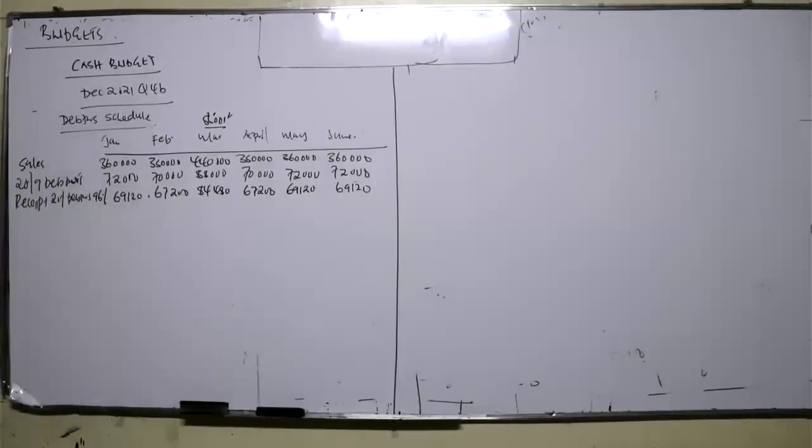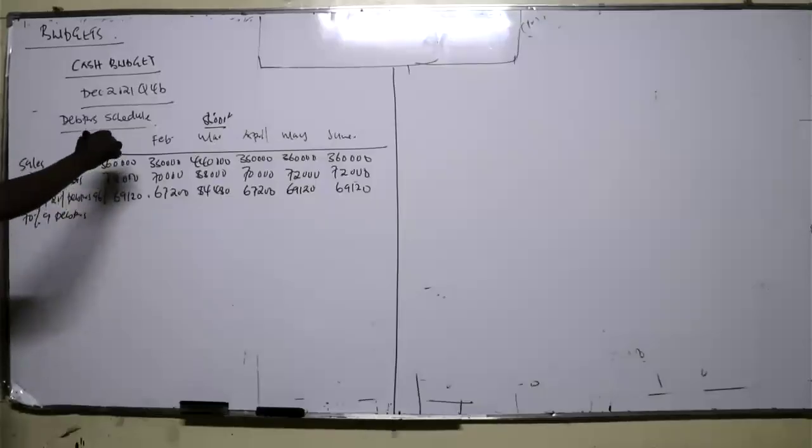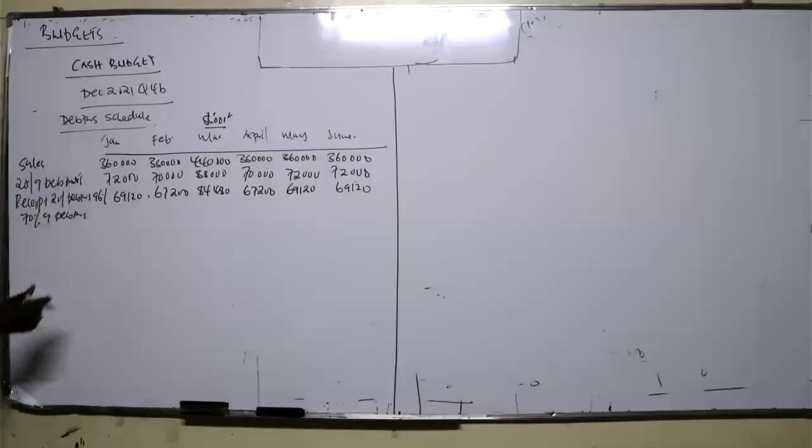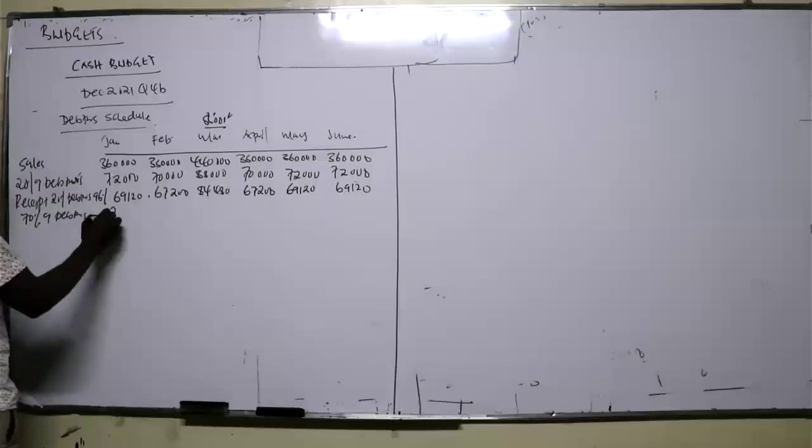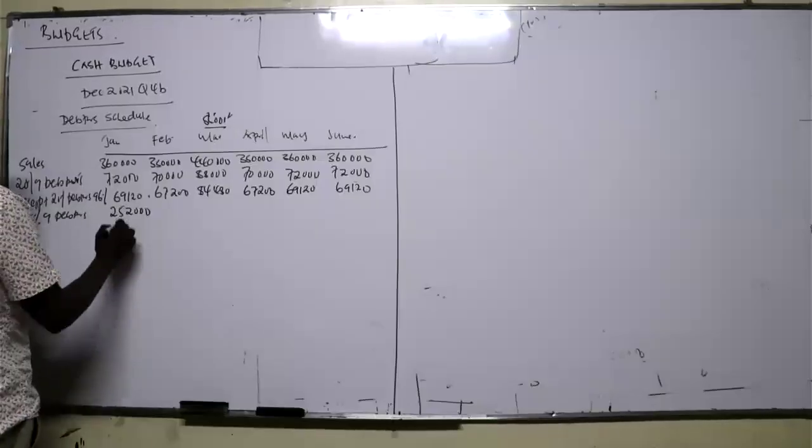Then we go to the next. 70% of debtors pay within one month. So we get the 70% first. 70% of the initial amount of 360. So 70% of 360 is how much? 252.